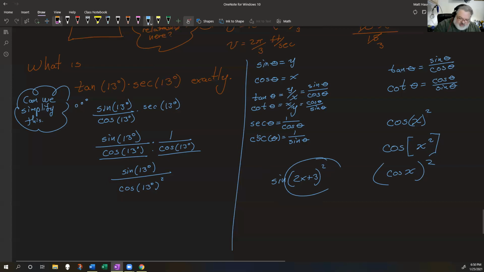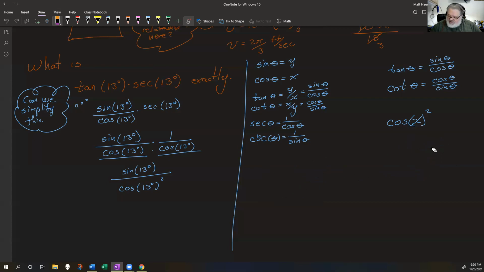And that ambiguity causes enough confusion that this notation, the way this is written here, is considered somewhat invalid because it's so confusing, because it's so ambiguous.